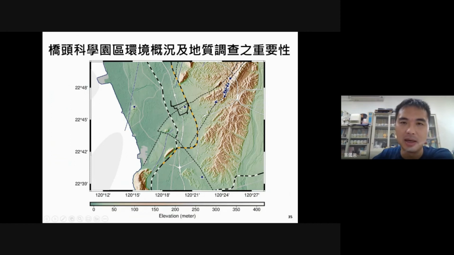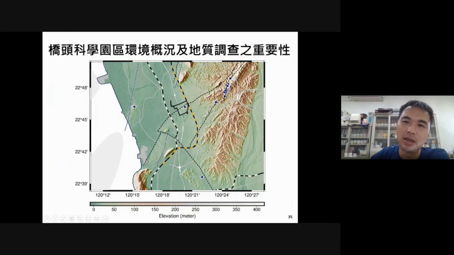It is a high-tech factory field, and this is a new one. However, in this map, you could see some dashed lines. This dashed line shows us the proposed active fault in this region.